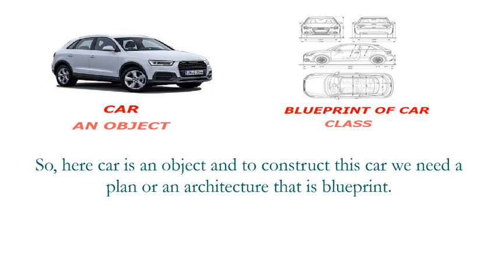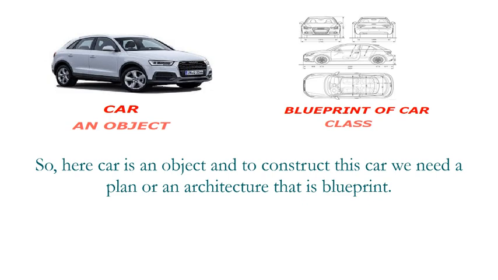I can explain with the help of a diagram so you can understand better. A car is an object. To construct or create that car, we need a class. The class here is like a blueprint of a car. And what is a blueprint? Basically, the architecture or plan we need to create that object.